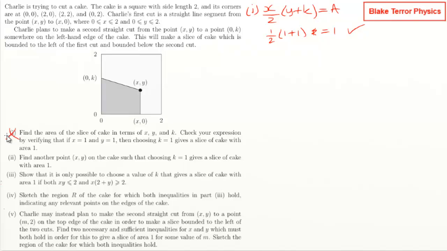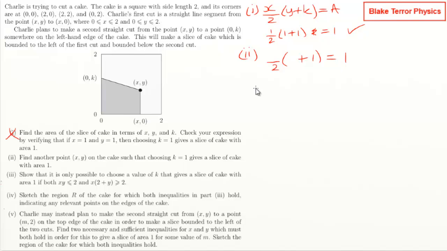Part 2, find another point (x,y) on the cake such that choosing k equals 1 gives a slice of cake with area 1. Right, so we have to have k is 1, so we need something which is x over 2 times (y plus 1) equals 1.